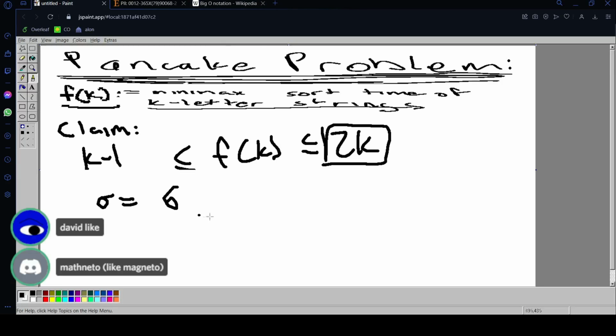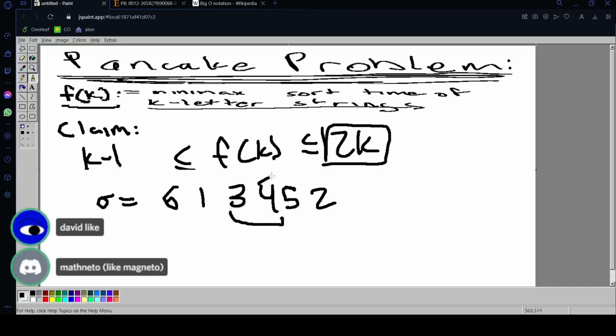let's say 6, 1, 3, 4, 5, 2, then basically we'd say that 3 and 4 are adjacent because they're consecutive and their values are 1 apart.